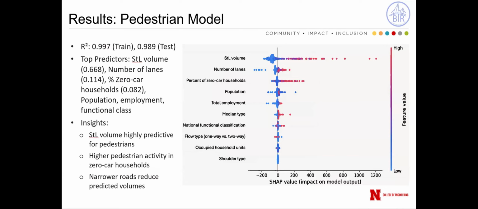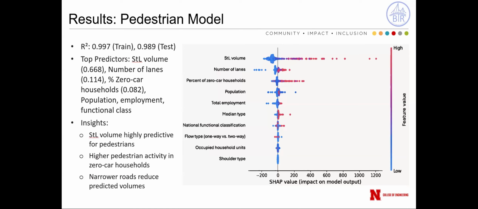The number of lanes had a strong effect, with narrow roads generally in areas with fewer vehicles tend to have more walking, reducing the pedestrian volumes. Also, the percentage of zero-car households played a key role, which aligns with common sense in the literature. Other contextual variables like population and employment density also contributed in this model.